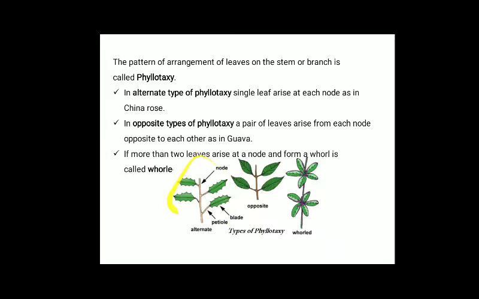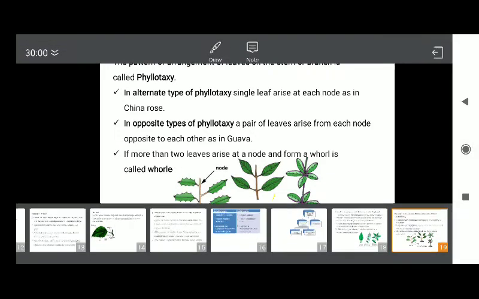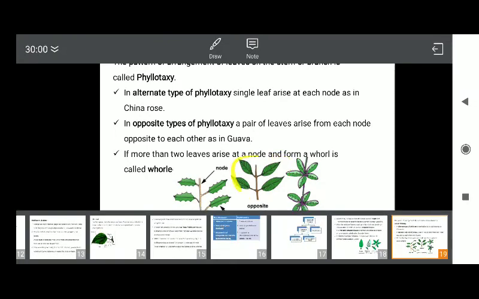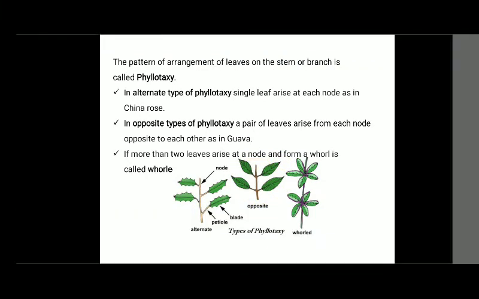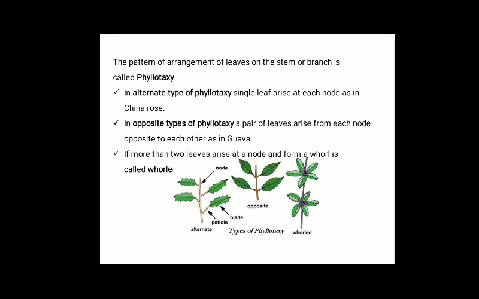In this picture we observe alternate phyllotaxy, whereas in opposite phyllotaxy, a pair of leaves arises from each node and they are opposite to each other. In whorled phyllotaxy, the leaves are arranged in a particular group. This is known as whorled phyllotaxy.